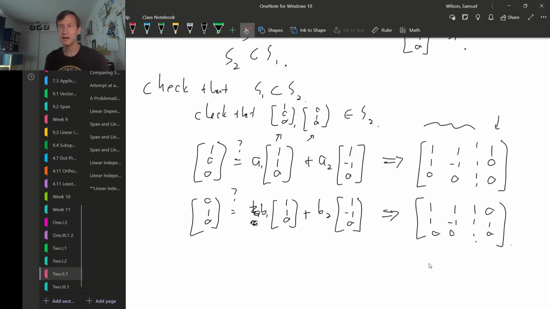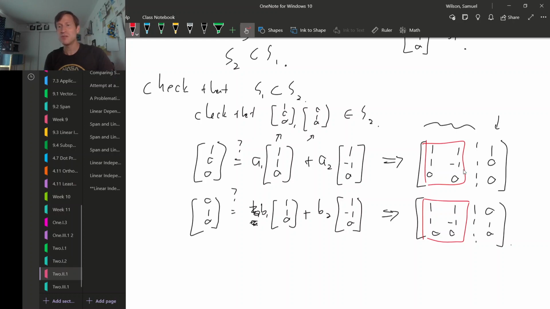Well, to do this, we're going to row reduce both of these matrices, but remember, when you're row reducing an augmented matrix, what part of the matrix determines what row operations you do? It's just this part, right? But this part is the same for both of these matrices.